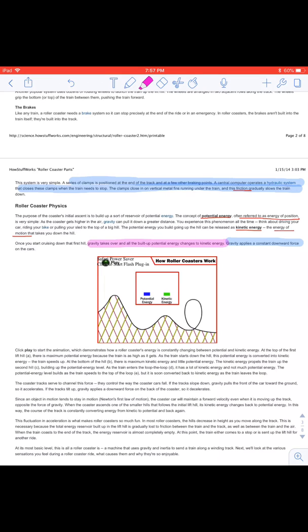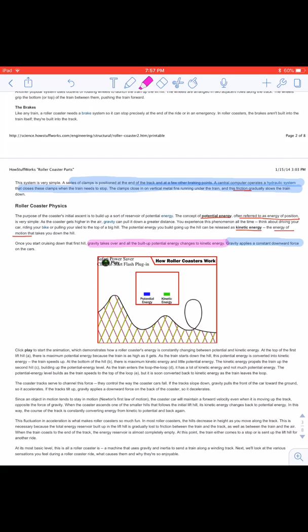Click play to start the animation, which demonstrates how a roller coaster's energy is constantly changing between potential and kinetic energy. At the top of the first lift hill, there is maximum potential energy because the train is as high as it gets. As the train starts down the hill, this potential energy is converted into kinetic energy.